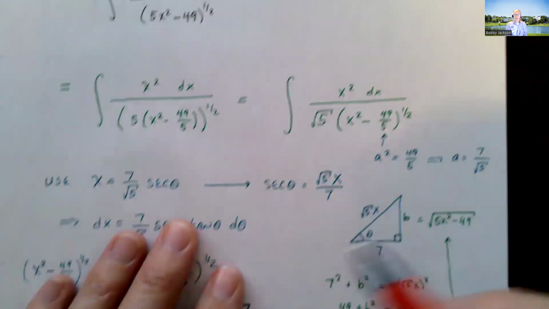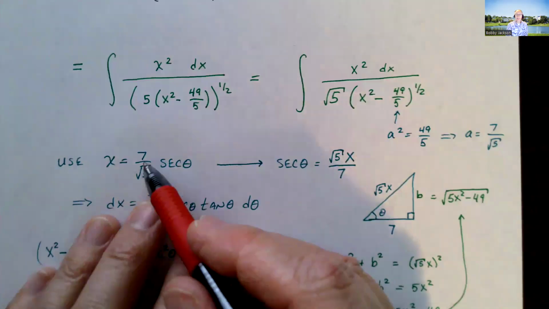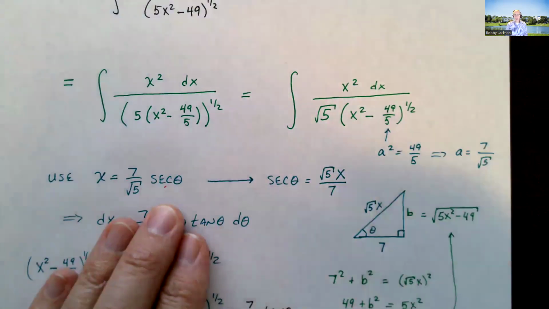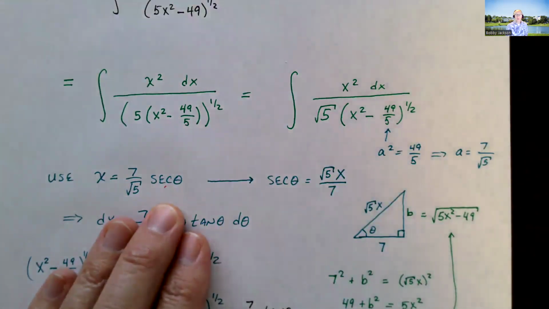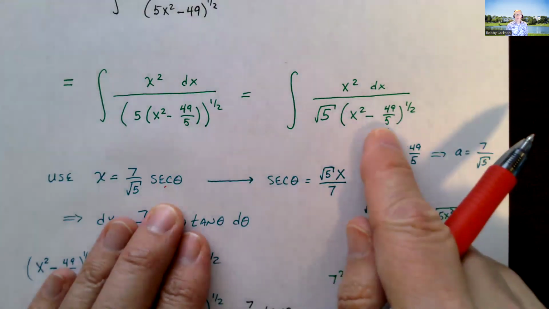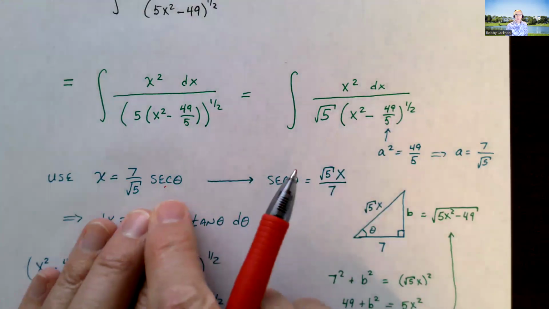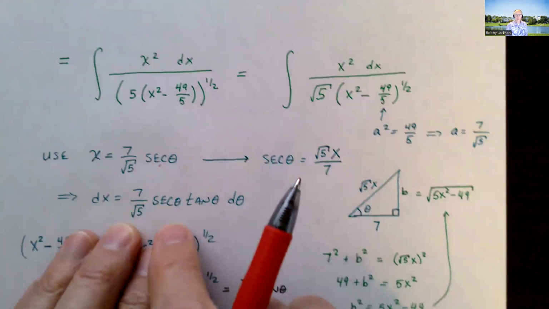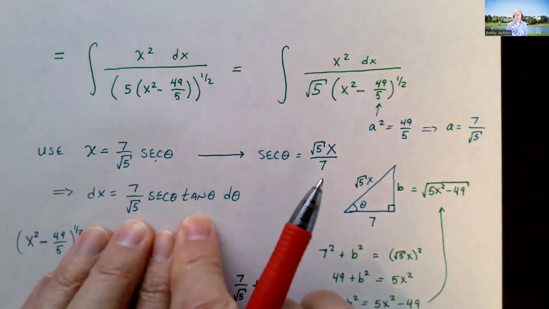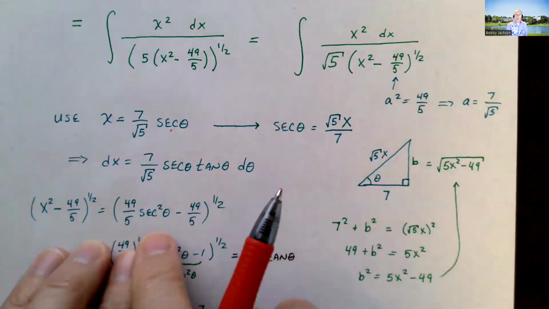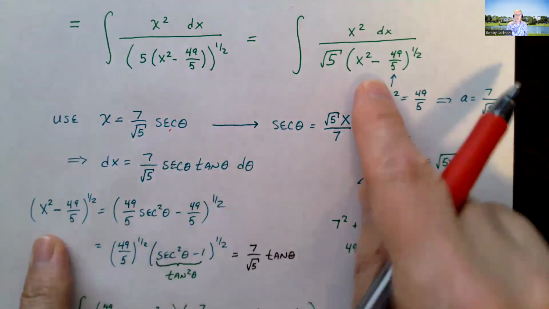Now, what are we going to choose? Well, we're going to choose x equal a secant theta. You need to know that we do that when we have x squared minus a squared, and the reason is we'll be able to simplify the radical expression. So if x is 7 over root 5 secant theta, here's dx, just taking the derivative of that. And then here's the square root expression that we have under here.